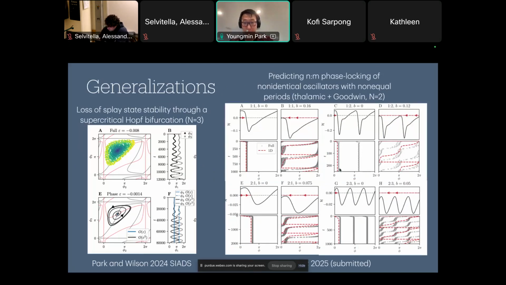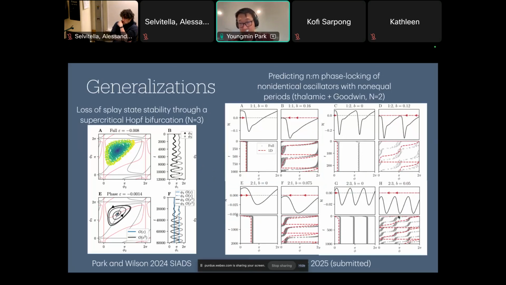And then we can extend the method to n-to-m phase locking, where one oscillator traverses n times for where the other oscillator traverses m times. And these are just predictions and kind of confirmations of the proposed method that things work out. And not only that, but these are also showing heterogeneity.